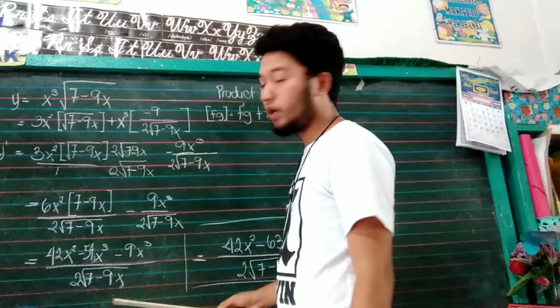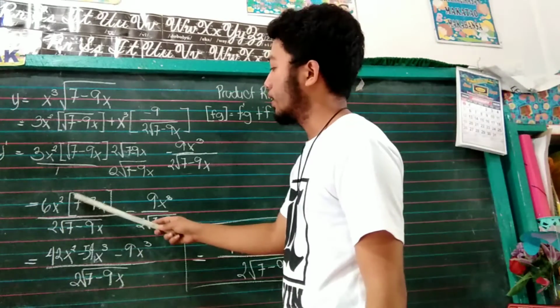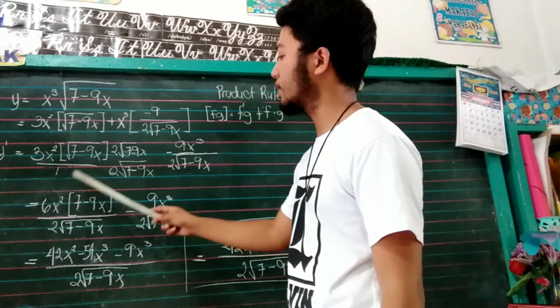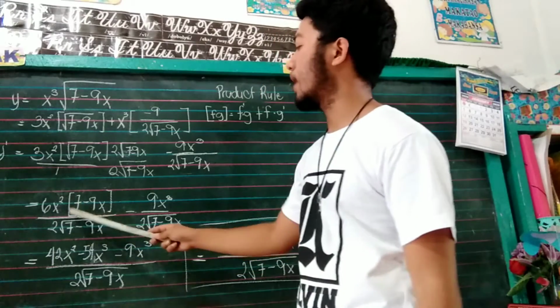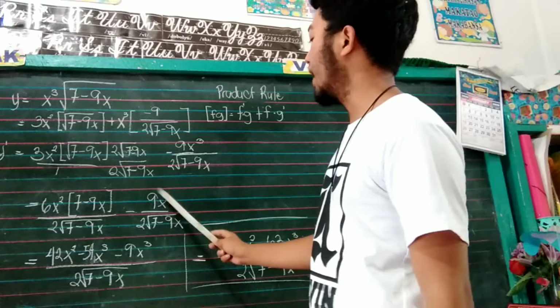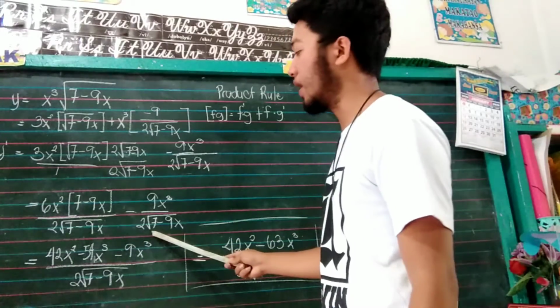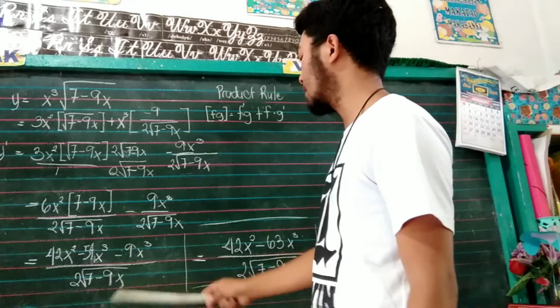So to simplify it further, we can distribute 6x squared in 7 minus 9x. So 6x squared times 7 is 42x squared. 6x squared times negative 9x is negative 54x cubed, minus 3, over copy because they have the same denominator. So 2 times the square root of 7 minus 9x.